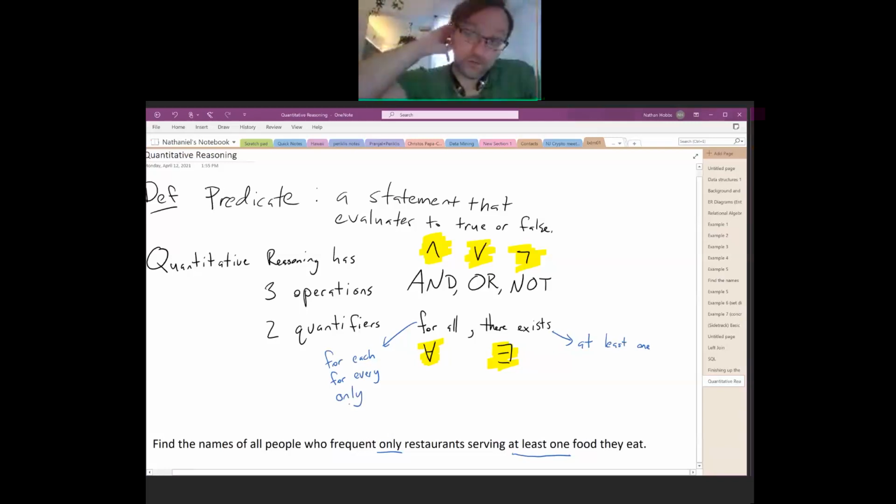So here, the reason why I'm bringing these things up is for you to be able to look at a sentence in English and try to play around with it, rephrasing it using logic, to try to rephrase it in a way that's going to make it easy to write a query for.